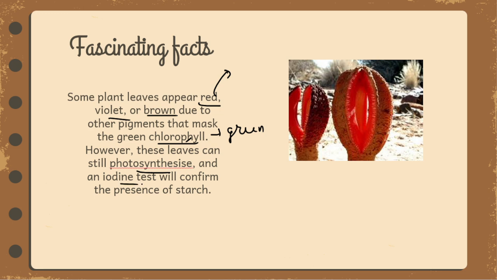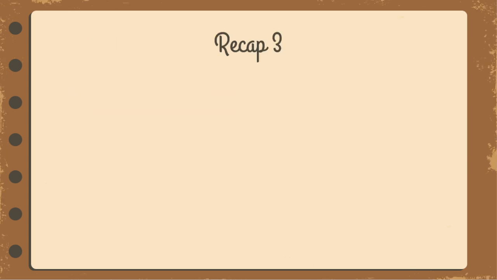And if we perform an iodine test on the leaves, there will be presence of starch. The leaf will turn blue black. So what we have learned till now, in experiment 10.4, the caustic soda experiment, is that carbon dioxide is necessary for photosynthesis.